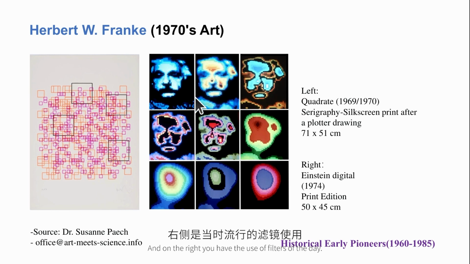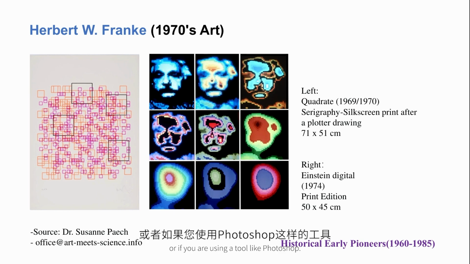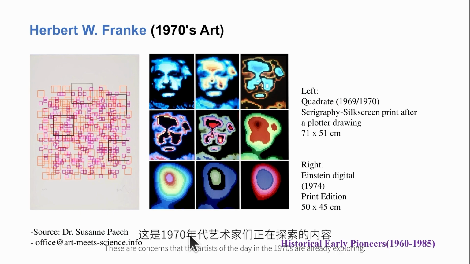And on the right, you have the use of filters of the day. You could think of filters you find on your mobile phone these days, or using a tool like Photoshop, to modify an image and create interesting shapes and forms. So these are concerns that the artists of the day in the 1970s are already exploring.